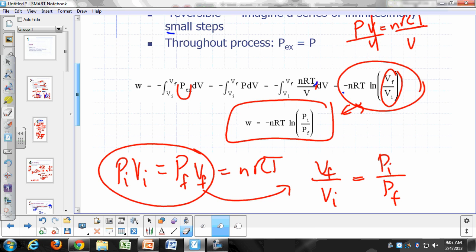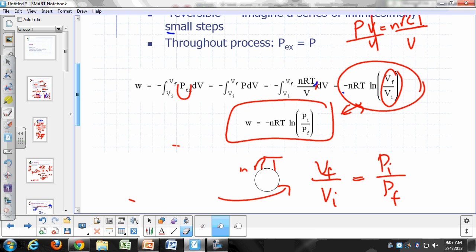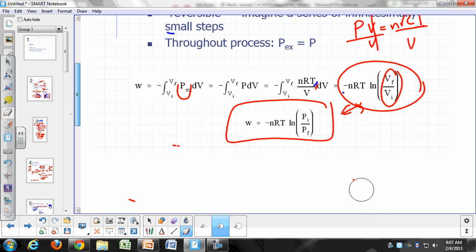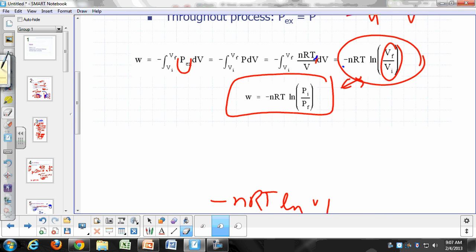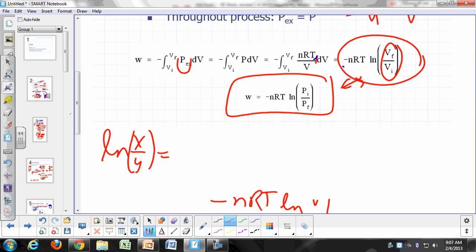And you also need to realize that ln of x over y is the same thing as negative ln of y over x. If you switch your numerator and denominator, you're just switching the two things you're subtracting.